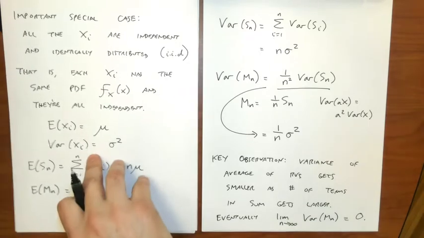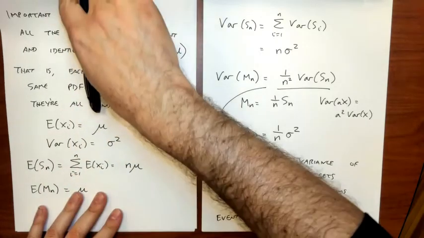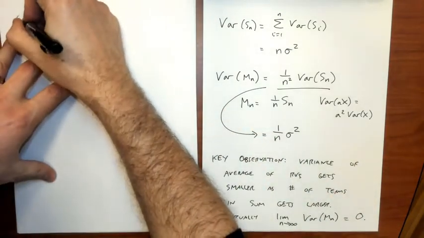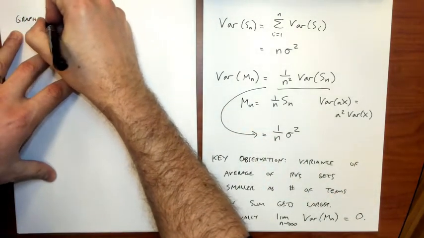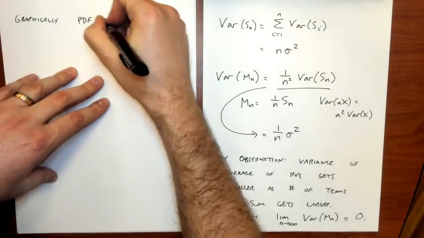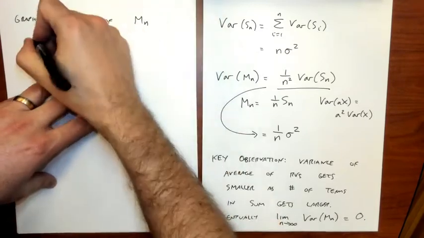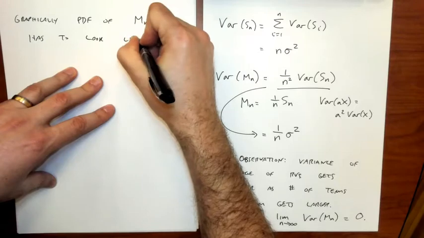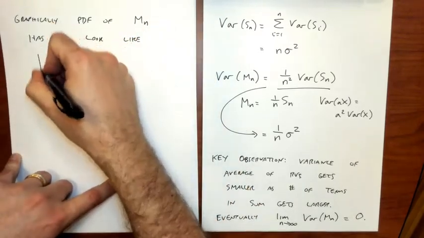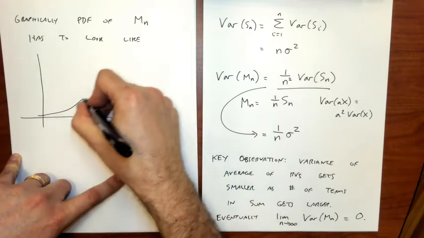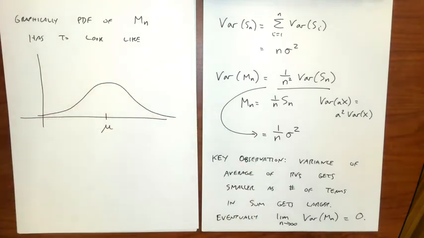Kind of graphically, what that means is that the PDF of this mean has to look like, every time I add another random variable, I'm always centered at whatever this thing is. Initially, my PDF of the average looks kind of broad, right?